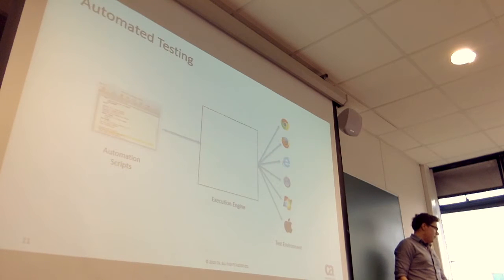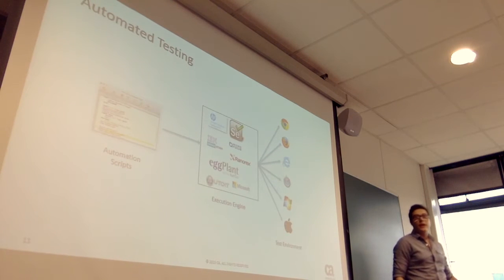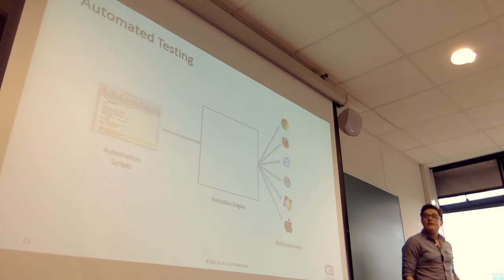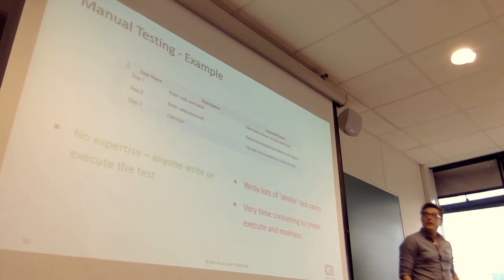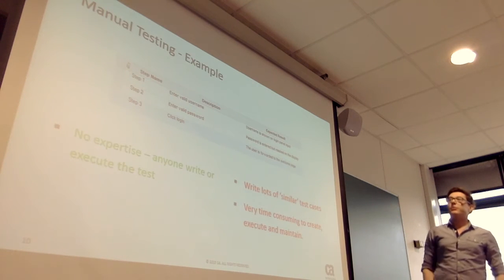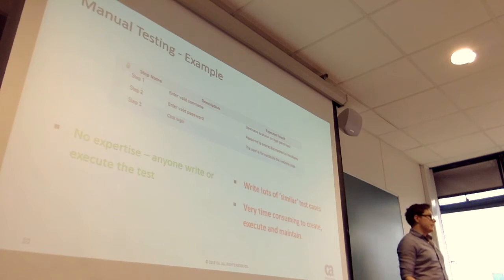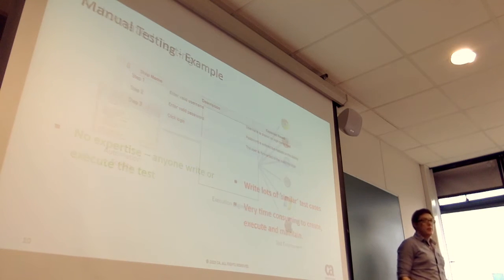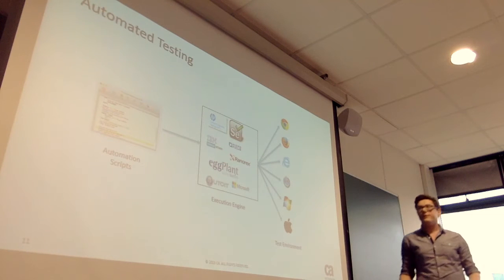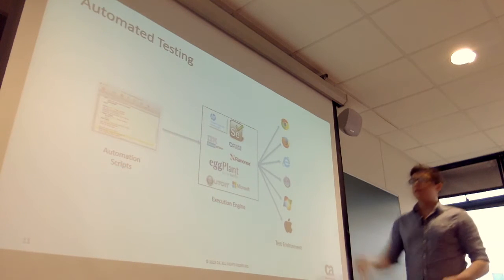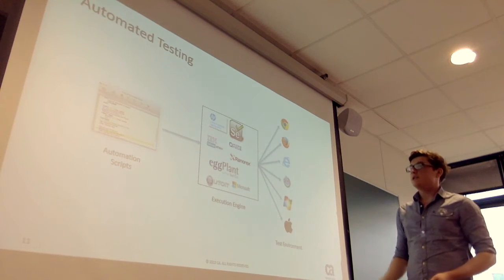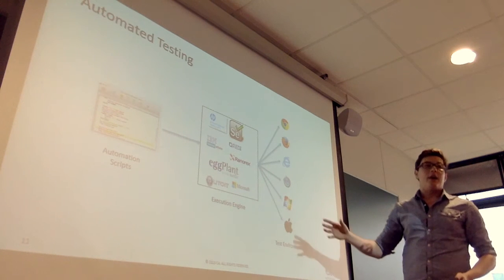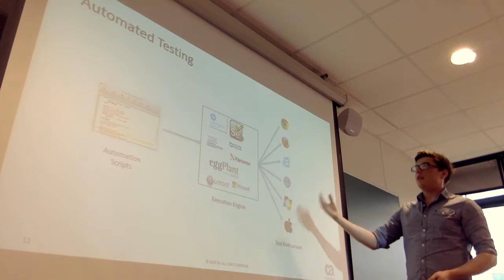So this is where automated testing comes in. With automated testing, we take our manual test steps from before and automate them, so the computer runs the test case for us. We write an automation script in an automation language, such as Selenium.